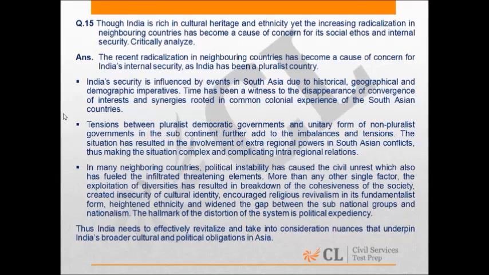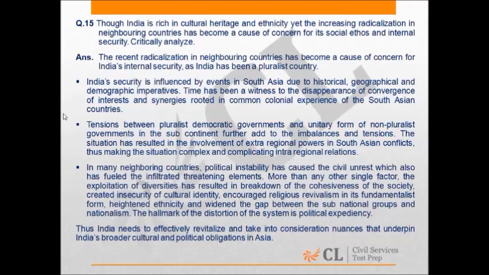Still, in India's neighboring countries there is political instability and there are ethnic differences, whether it is Sri Lanka, Nepal, Bangladesh, Pakistan, Tibet, China or Afghanistan. The radicalization and fundamentalization of the diversities these countries are facing are creating a threat for India's internal security.